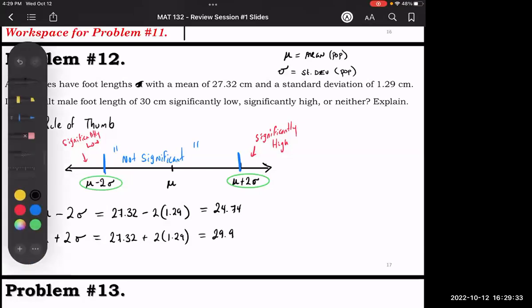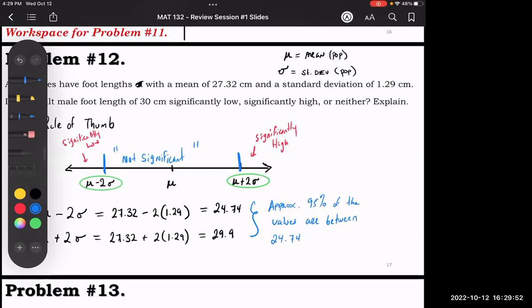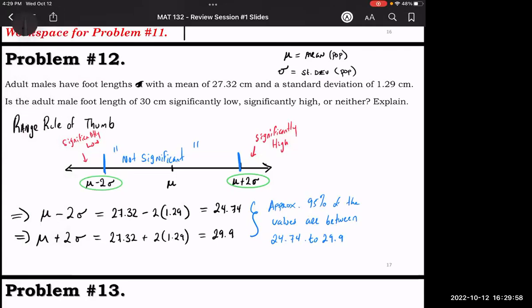So approximately, by the way, what the range rule of thumb tells us, approximately 95% of the values are between 24.74 to 29.9. Okay, now we answer the follow-up question.